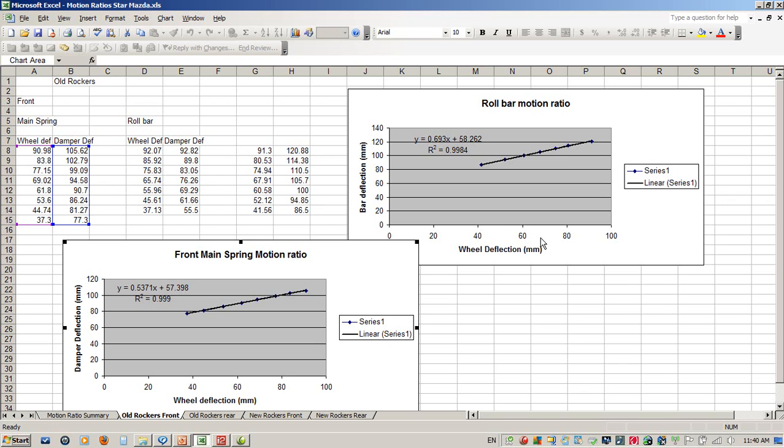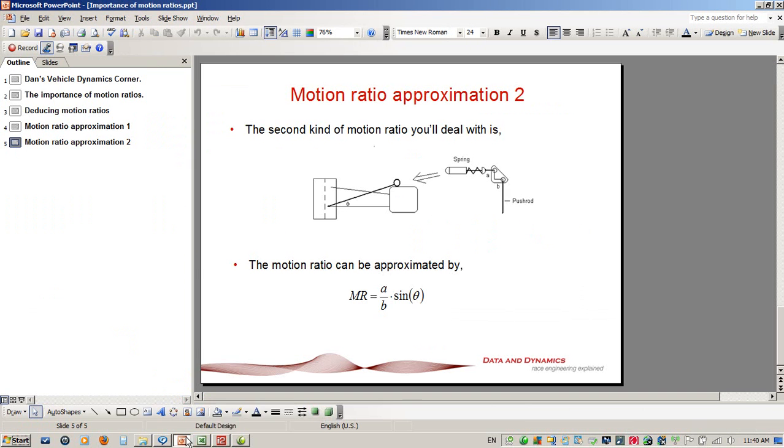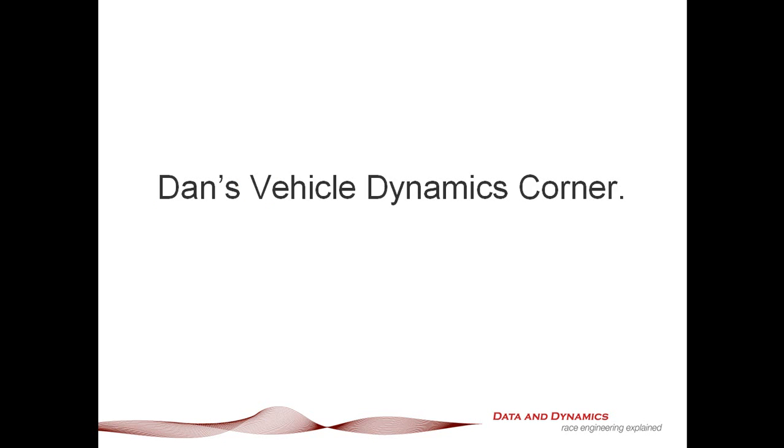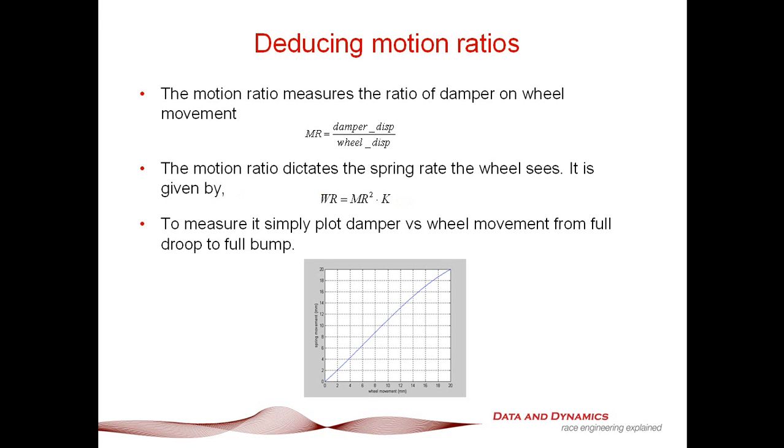The reason this is so important is because your wheel rate, which is what your tires are seeing, is effectively motion ratio squared times spring rate. So I will leave you with that thought, and really get out there and deduce your motion ratios.